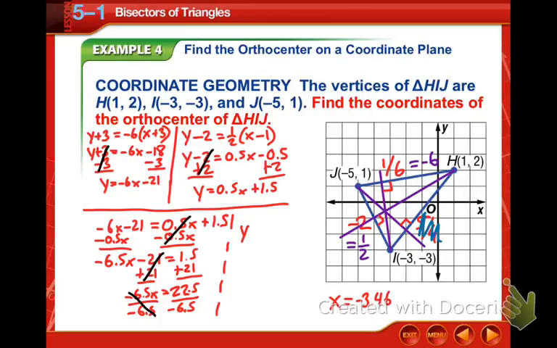So y is equal to negative 6 times negative 3.46 minus 21. And this all comes out to be about negative 0.23. So that means our final answer is our point at negative 3.46, negative 0.23.